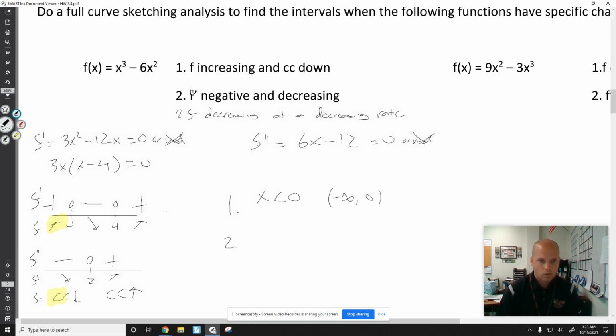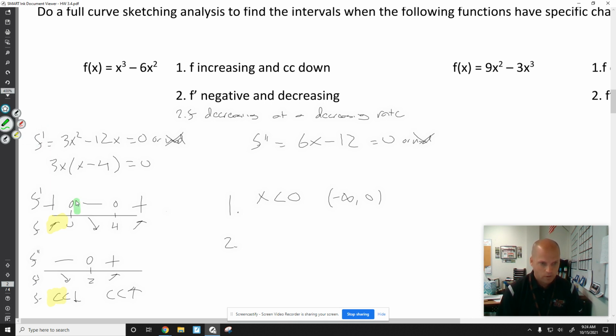Number 2, when is F prime negative and decreasing? F prime negative, F prime decreasing. We can see it right here. It's the same question as F decreasing at a decreasing rate. F decreasing rate would mean F prime is decreasing.